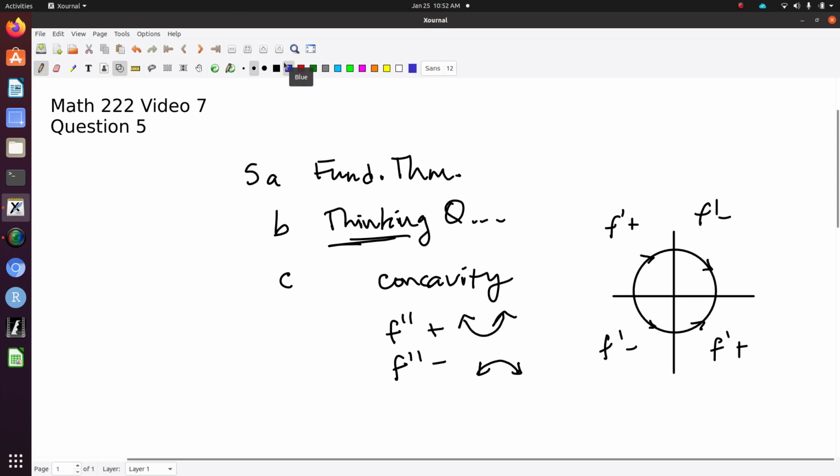But then in terms of second derivative, it's top versus bottom, right? So this guy is concave down, concave down, concave up, concave up. So those are the 4 ways you can combine first and second derivative, and just a really quick visual on that to help you keep your bearings on what's what.